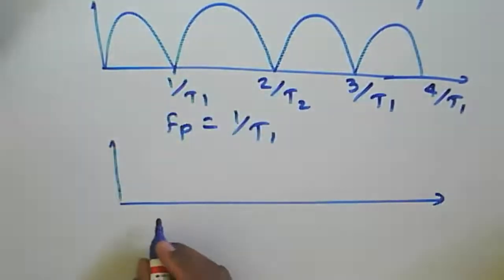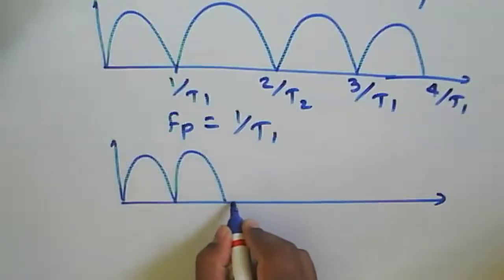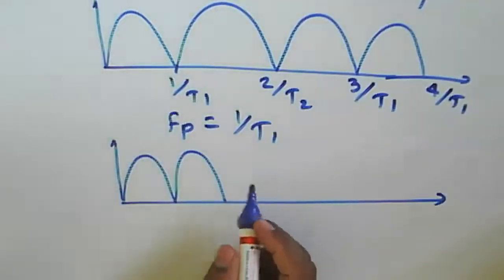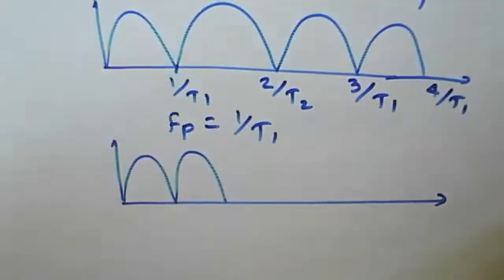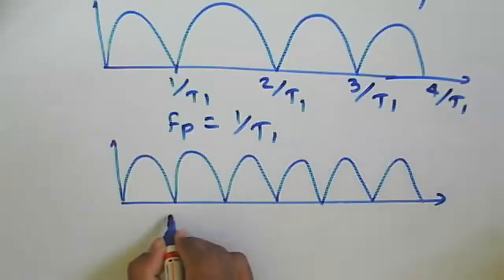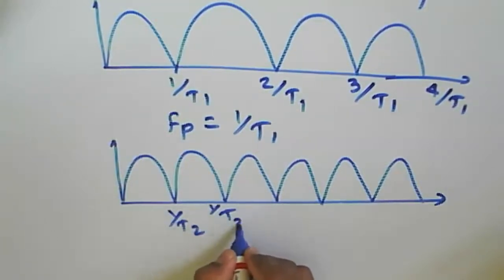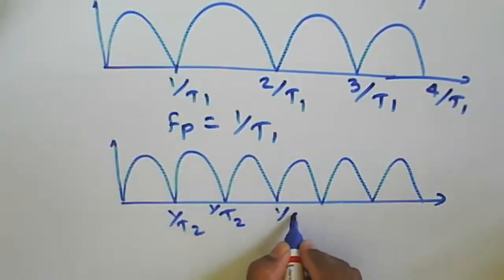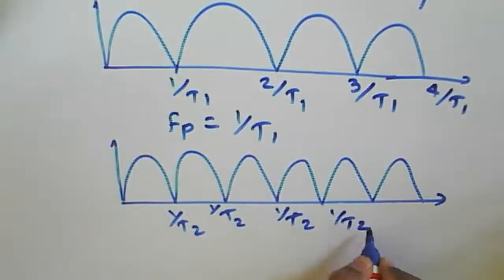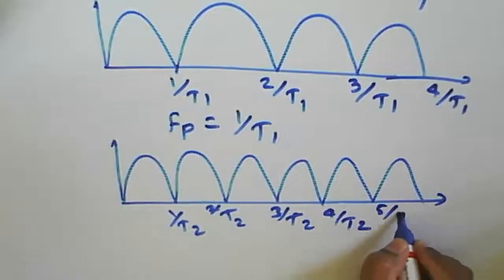This one is about T1, and I consider this one to be T2. All of these are for a single pulse repetition frequency, that is T1. But for another pulse repetition frequency, we consider a time T2, so 1 by T2, 2 by T2, 3 by T2, 4 by T2, 5 by T2.